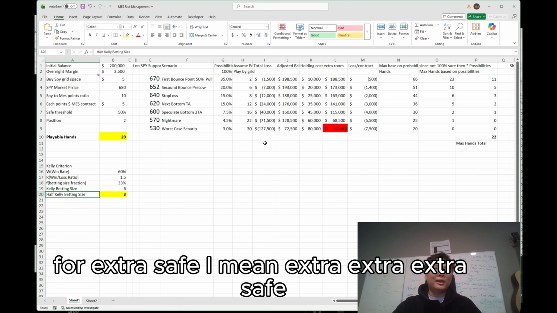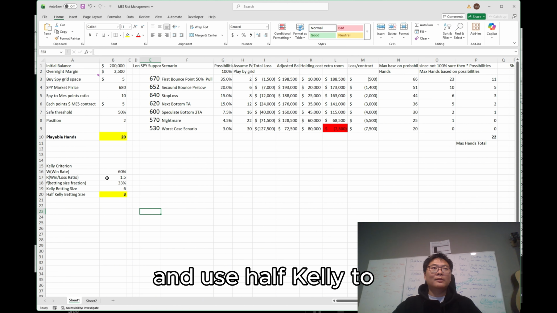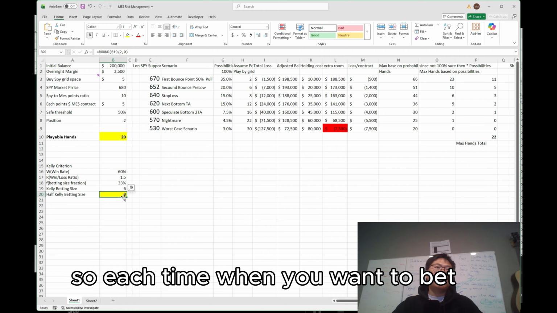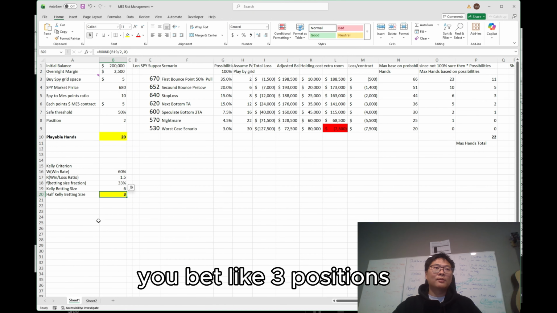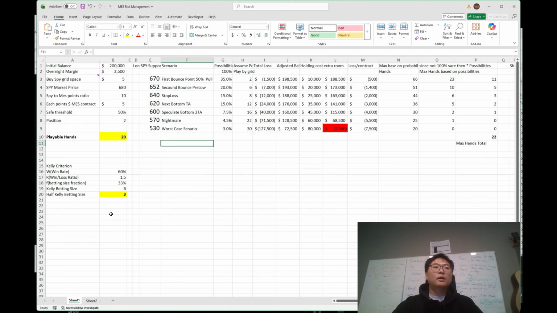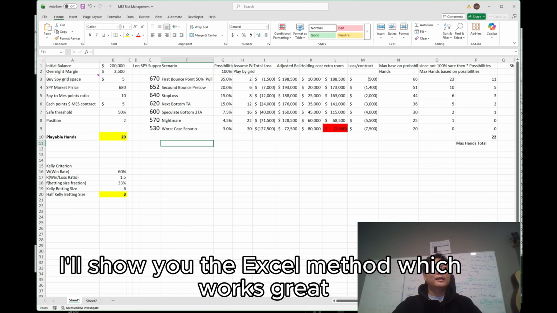I mean, extra safe, since we already have the threshold and probability, and use half Kelly times your playable hands. So each time we want to bet, you bet like 3 positions on the MES when you have like $200,000 in your bank account to play. So that's it. I'll show you the Excel method, which works great.